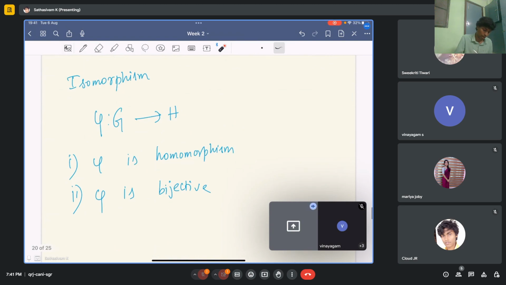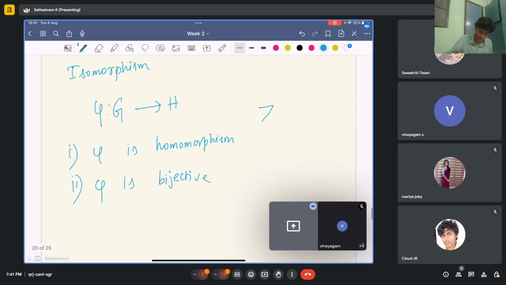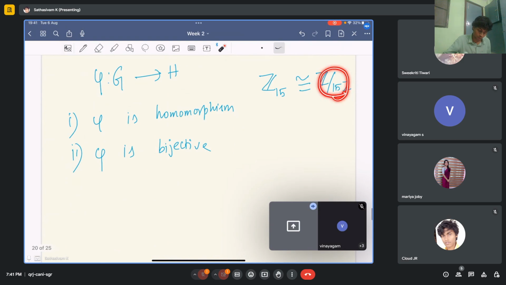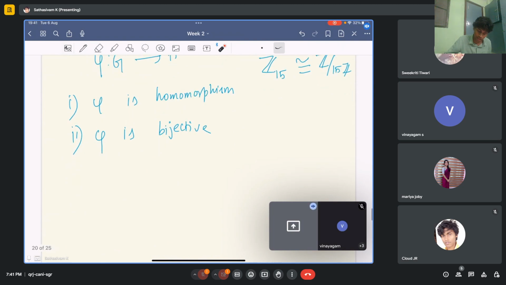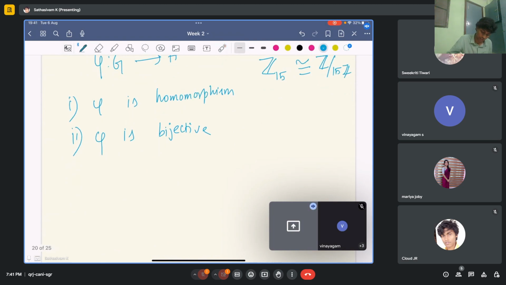So similarly, what you can show is that this group Z15 is isomorphic to Z mod 15Z. Although if you look at the elements here, let's say I take the element 1 plus 15Z. This element is basically a set, right?